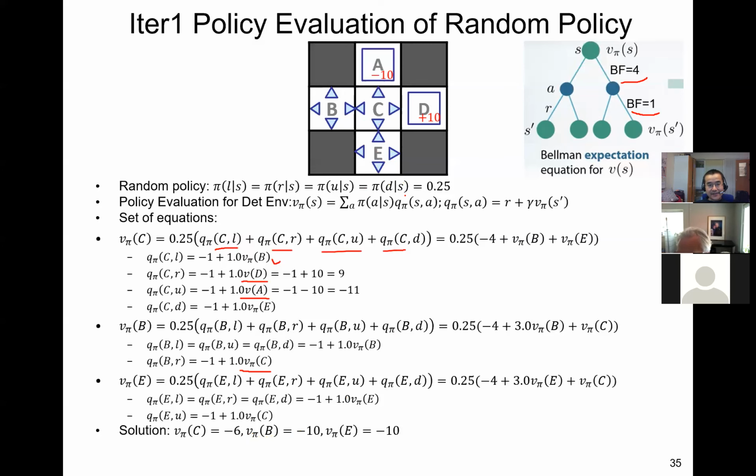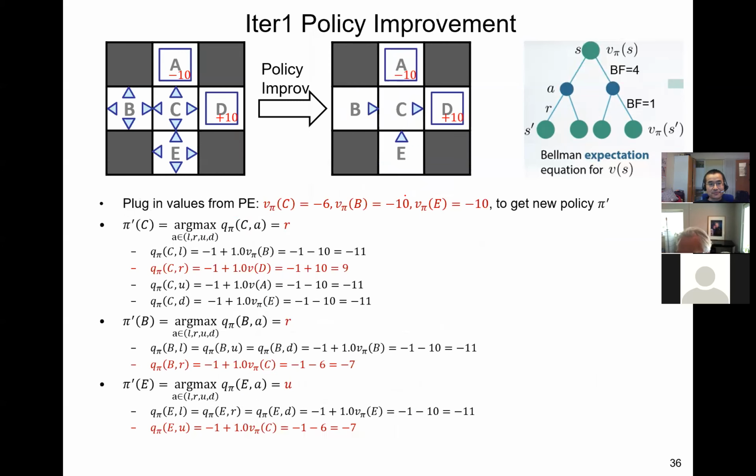Based on the value functions, you can perform policy improvement by taking the argmax. Right now we're taking an argmax, which means we're not actually taking any actions. We're looking at 4 directions and seeing which one is the best.